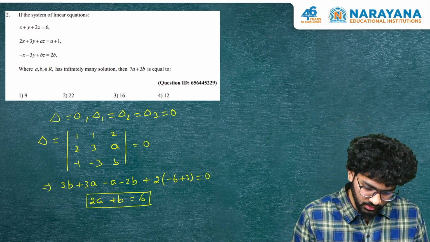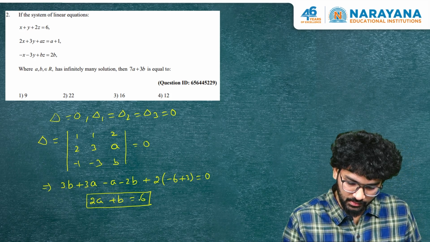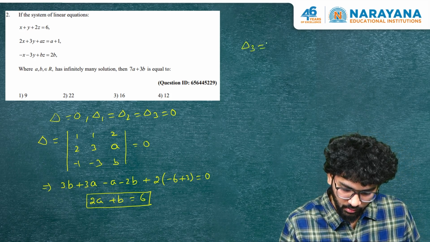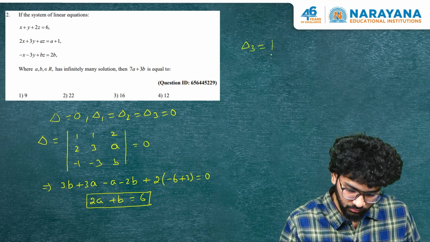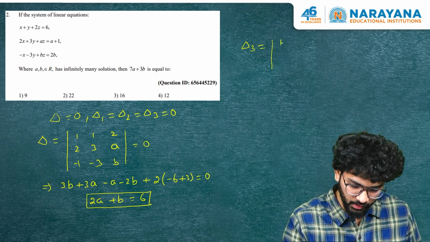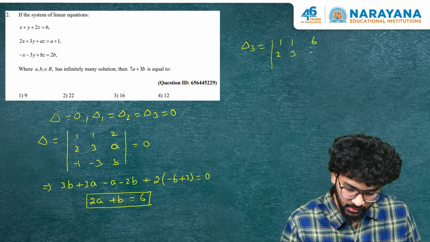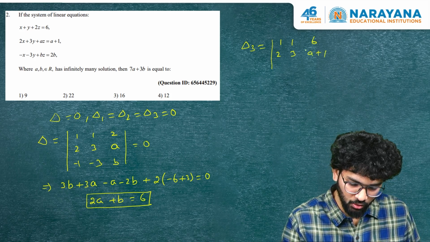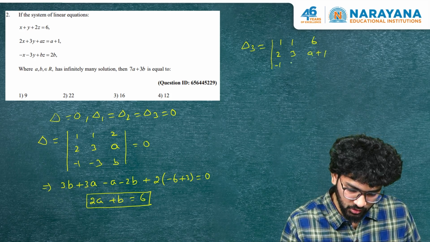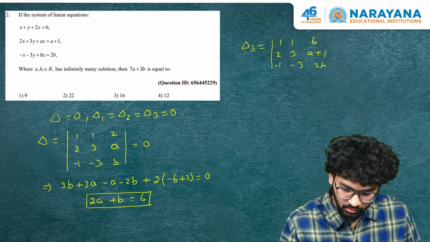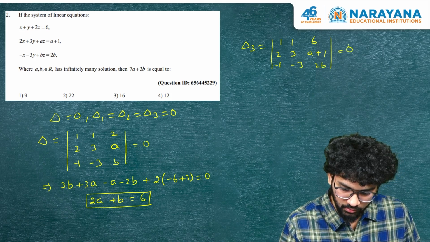So one more equation, for suppose if I want to calculate delta 3. Delta 3 is equal to, what you will get, 1 1 6 2 3 a plus 1. We will replace the third column with the constant column, minus 1 minus 3 2b. This is equal to 0.